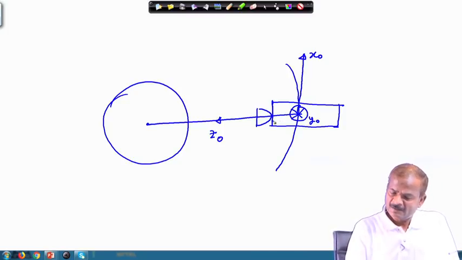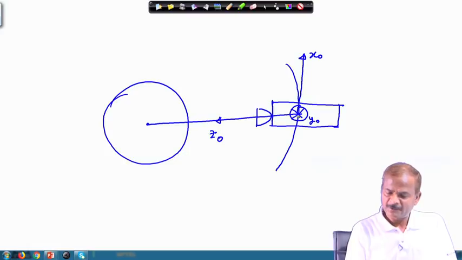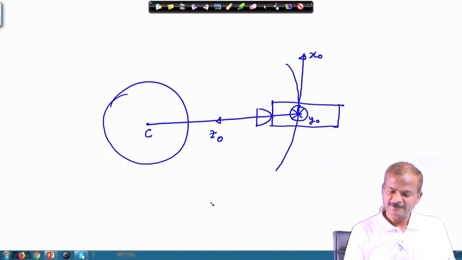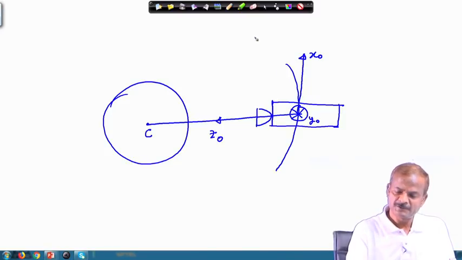So, if you are looking for your camera of the satellite to always point toward the center of the earth, then what is required as your satellite moves in the orbit? Right now it is here, after some time the satellite will go here in this position.